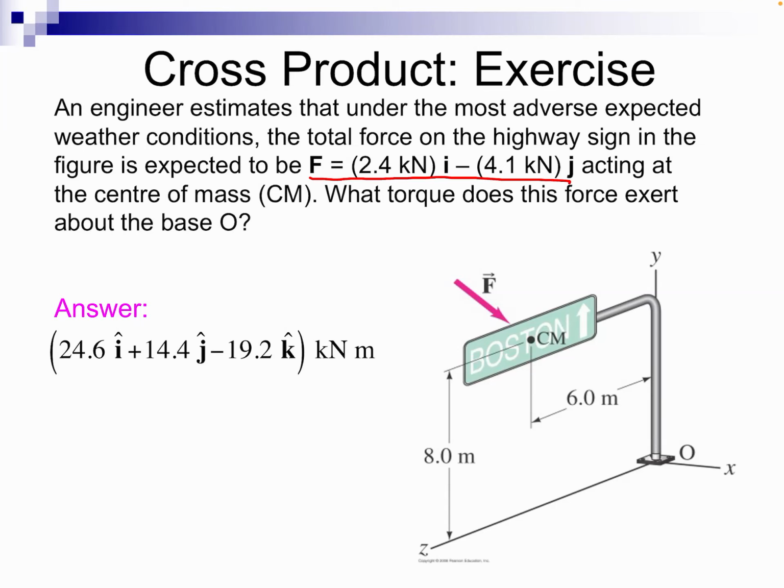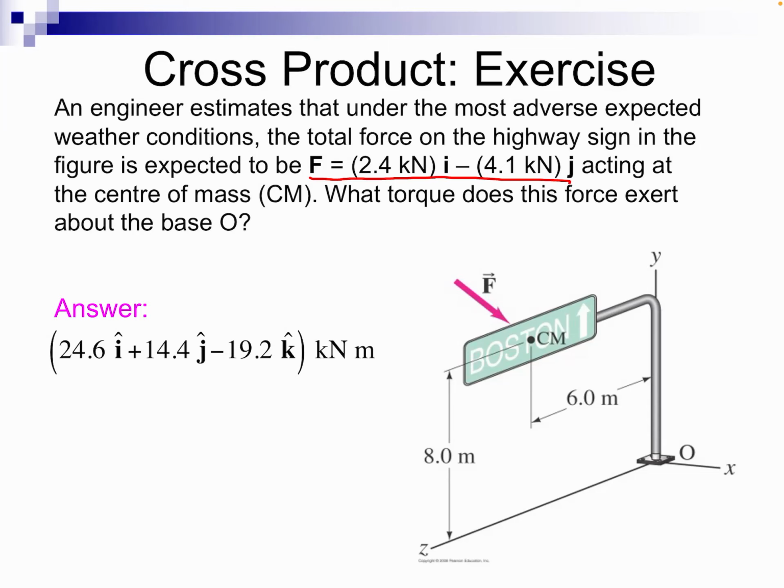The sign is going out of the page, and there's a force coming from a wind. So the force has i and j components. That means if you visualize the wind, it's sort of oriented in this direction. So it has a minus j component and a positive i component.